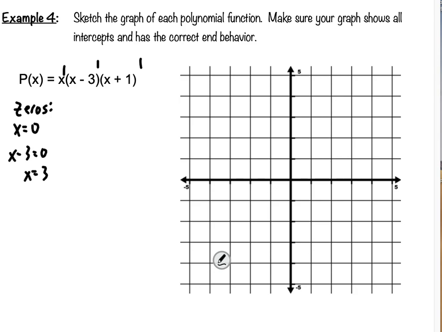The next one there, x plus 1, set it equals 0. Solve for x. So at x equals 0 there, we're going to have a multiplicity of 1, if you want to write that. At x equals 3, a multiplicity of 1. And at x equals -1, a multiplicity there of 1. So now let's identify the y-intercept.